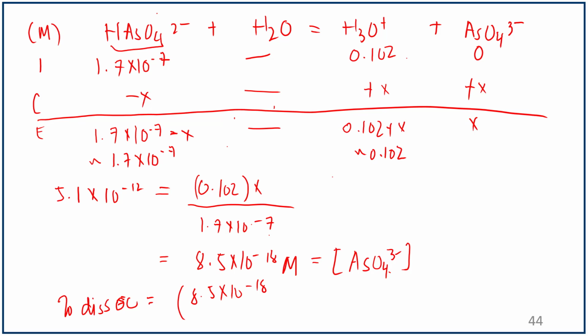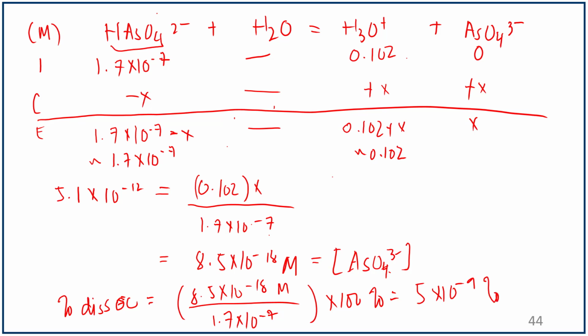Notice how really small that number is. Divided by 1.7 times 10 to the negative 7, times 100, this will give you 5 times 10 to the negative 9% dissociation. So our assumption is very good. All right.